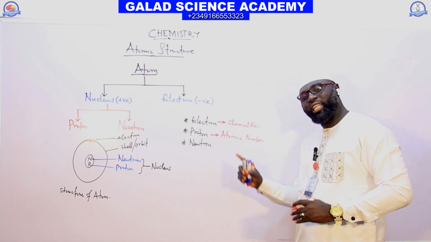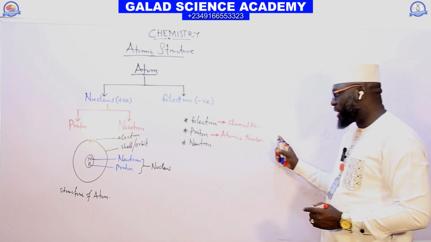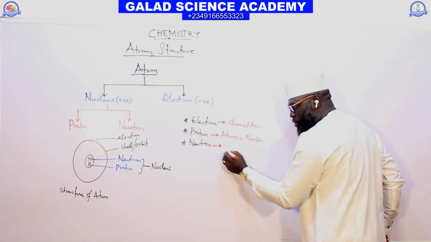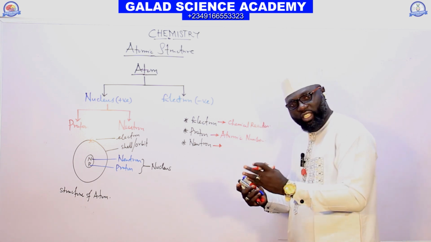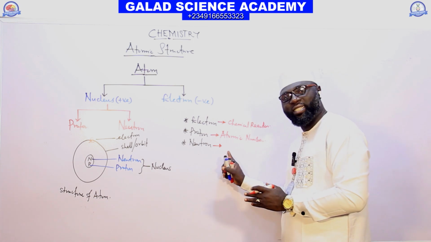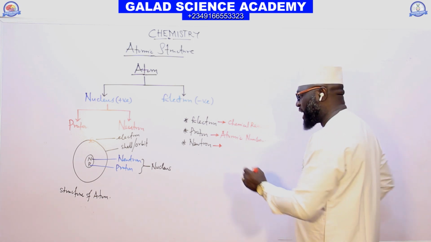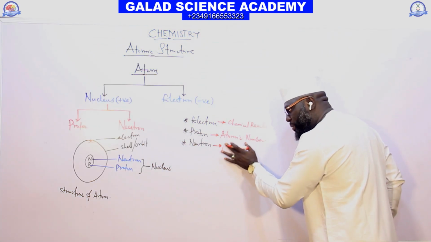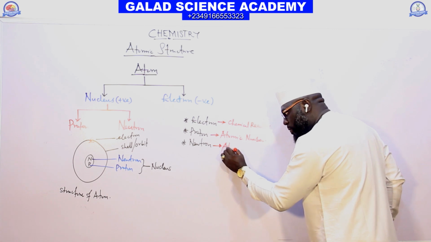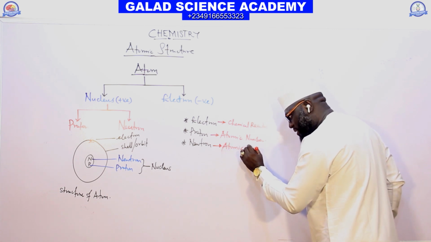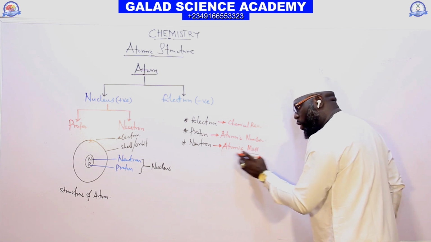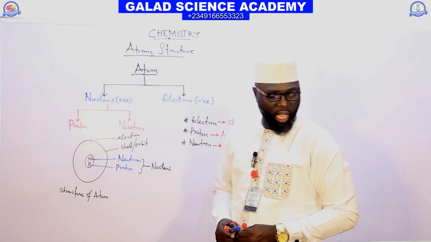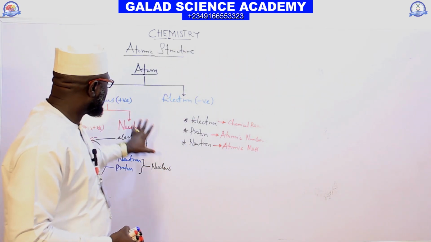The electron is the one that is involved in the chemical reaction, whereas the neutron determines the mass number of an atom, that is, the atomic mass of an atom. So that is all about the atom.